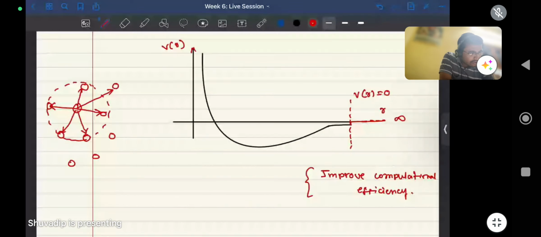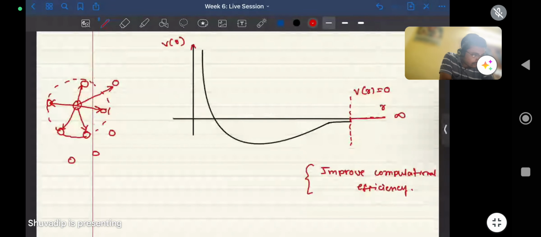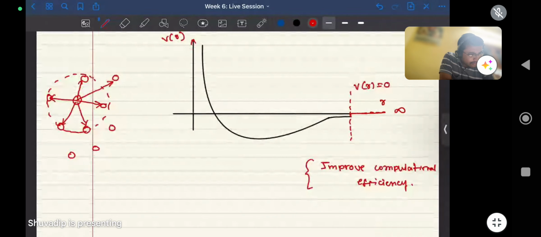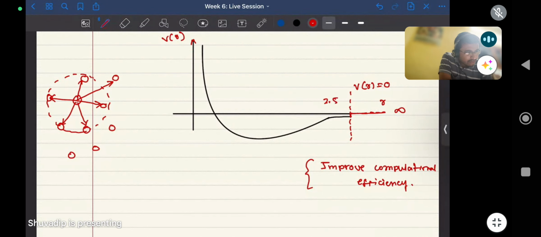So now for your practical purposes, you have to fix something like 2.5 sigma or 2 sigma, according to your problem. You can fix your cutoff and you can calculate interaction only if the molecule is inside that radius.